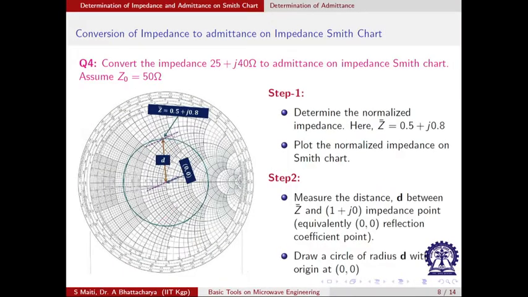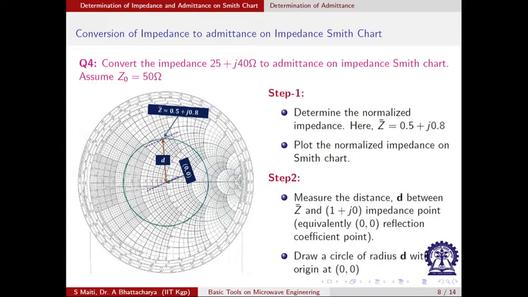But if all the calculations are in admittances, then the impedance Smith chart you can consider as an admittance Smith chart, there is no problem. So, you can see this.